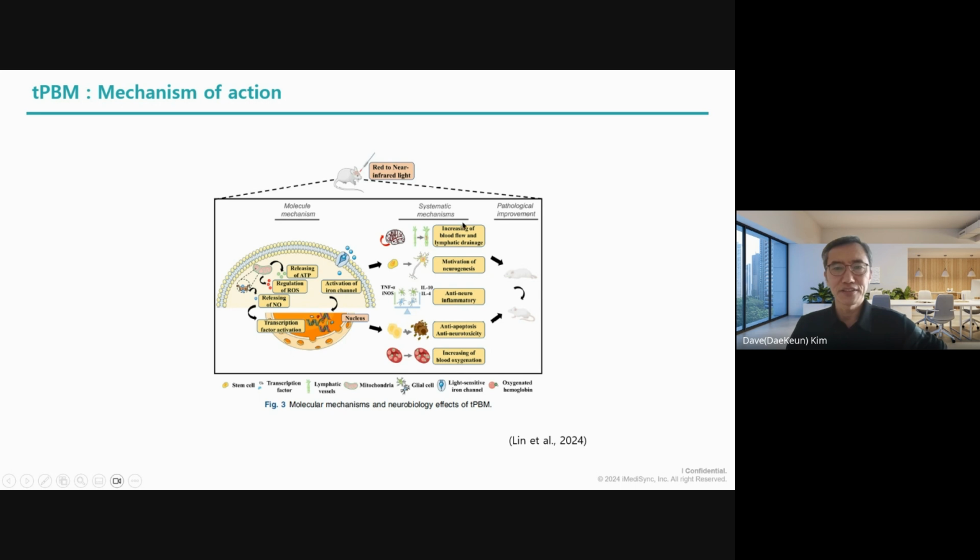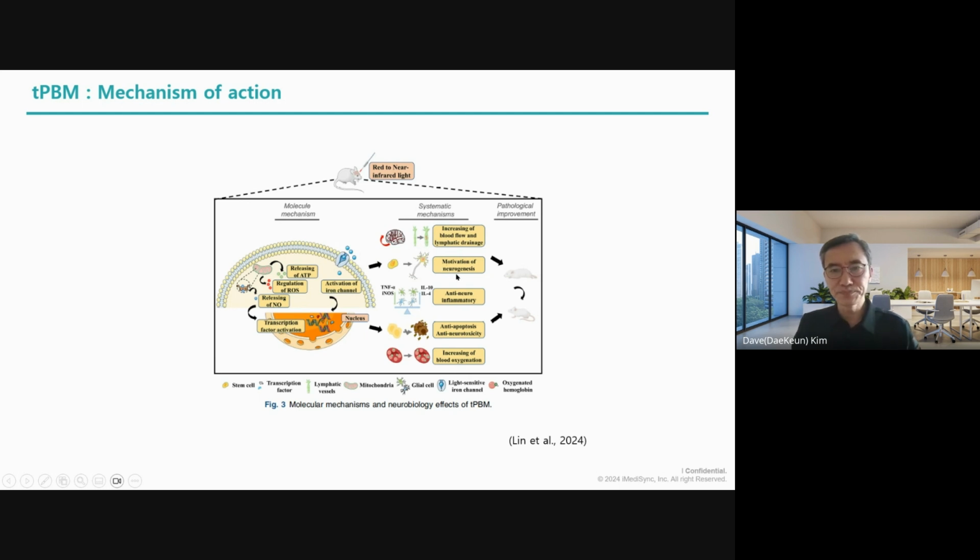And that's another important mechanism. So metabolism and oscillation frequency changes and neuroimmune function increase. Usually other neuromodulations such as current stimulation and magnetic stimulation can use this kind of ion channel mechanism, but they cannot have this kind of metabolism or immune function mechanism. That's the specialty of photobiomodulation.